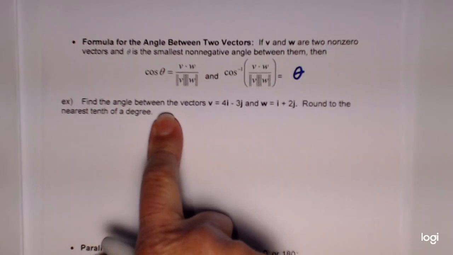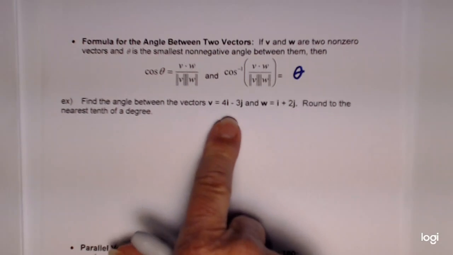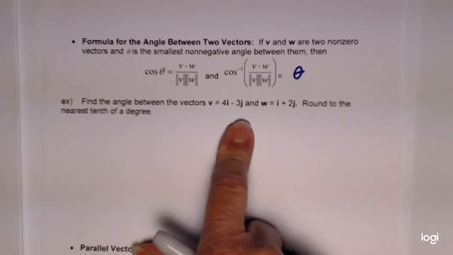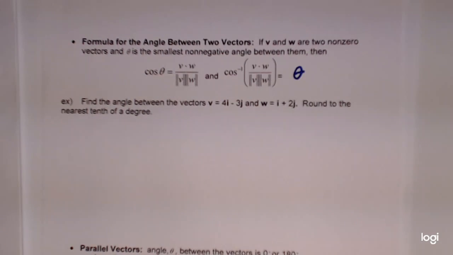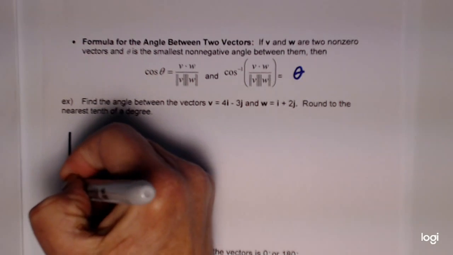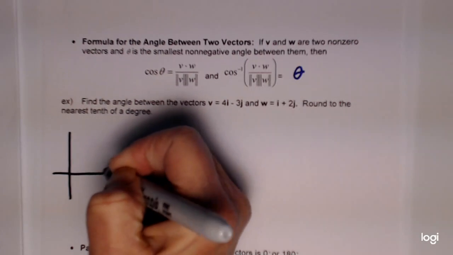This example wants us to find the angle between these two vectors. So as you know by now, I like to make a picture sometimes to help us visualize what we are looking at here.